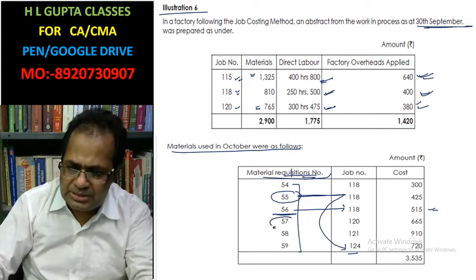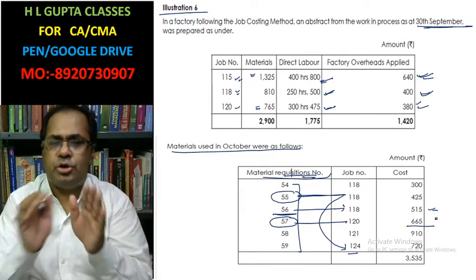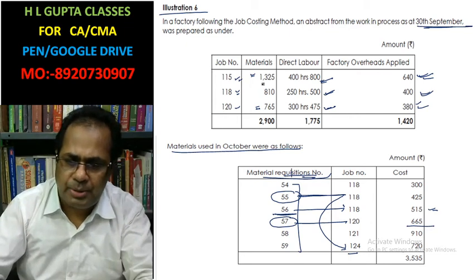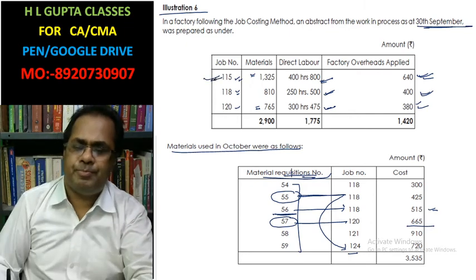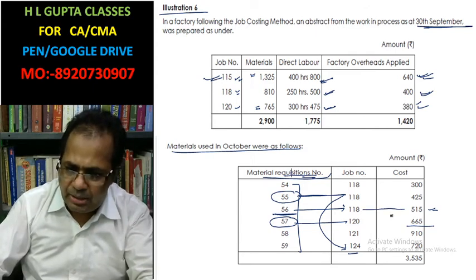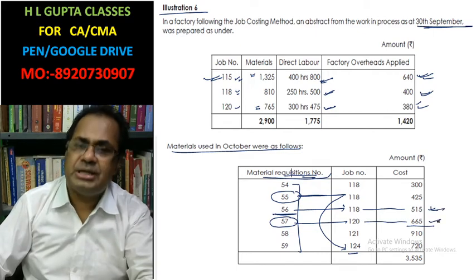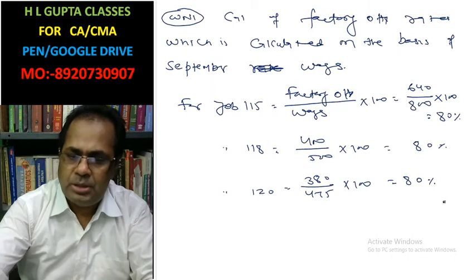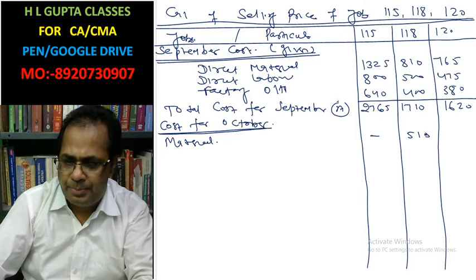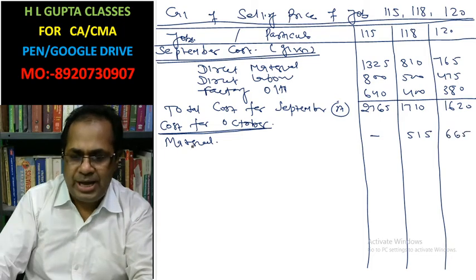Material requisition 57 is transferred to job 120, this is 665. There is no material utilized in October for job 115. Therefore material is applied in 118 and 120: 515 and 665.